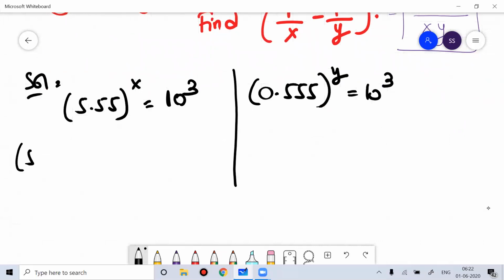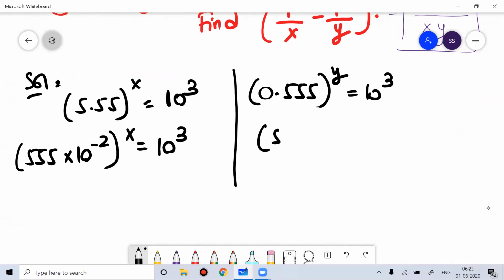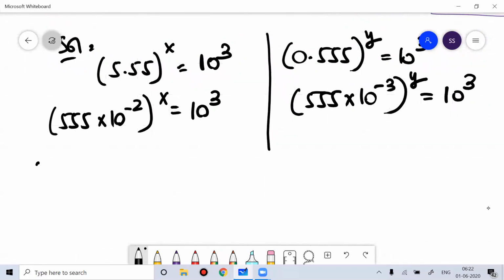So I can write this as 555 into 10 to the power minus 2, to the power x is equal to 10 to the power 3. This I can write as 555 into 10 to the power minus 3, to the power y equal to 10 to the power 3. So this will be equal to 555 to the power x into 10 to the power minus 2x equal to 10 to the power 3.